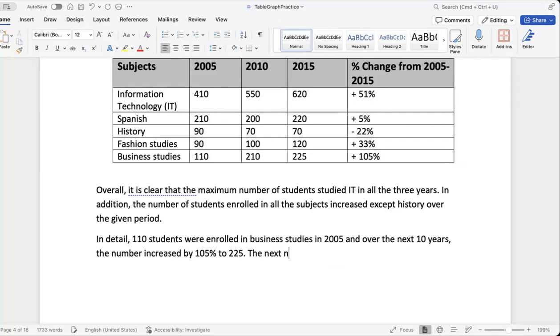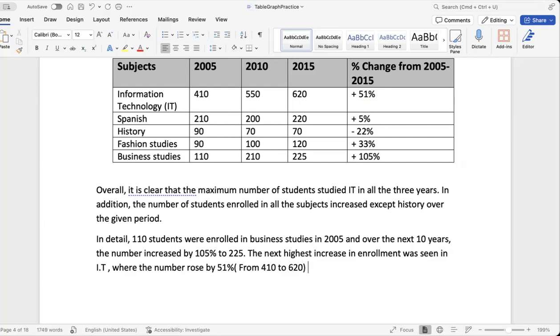See, I'll write: The next highest increase in enrollment was seen in IT, where the number rose by 51%. And you can give the data in brackets, just for clarity, from 410 to 620.